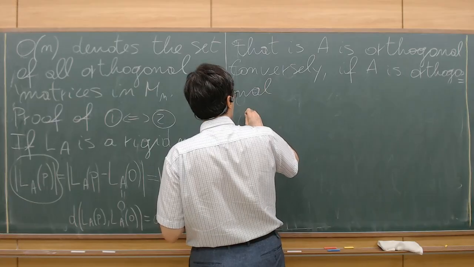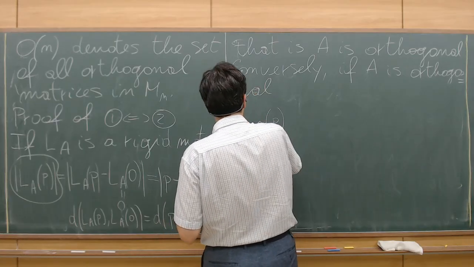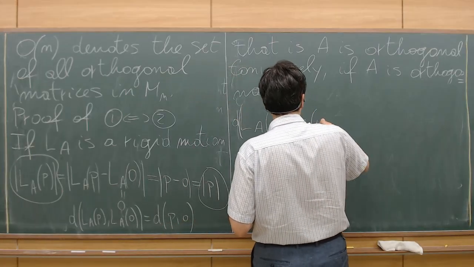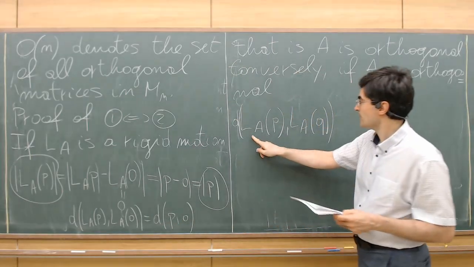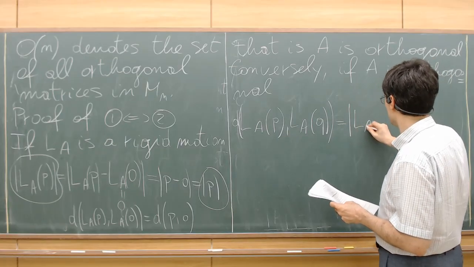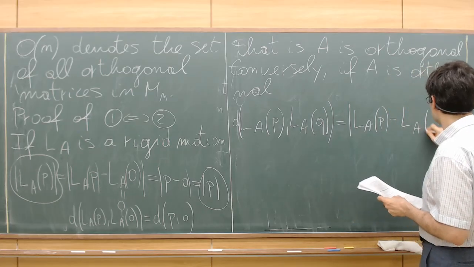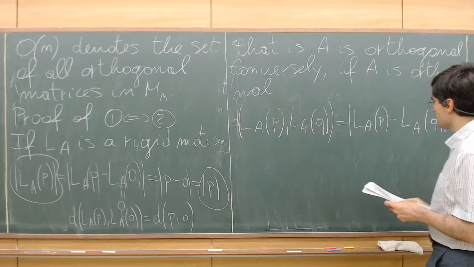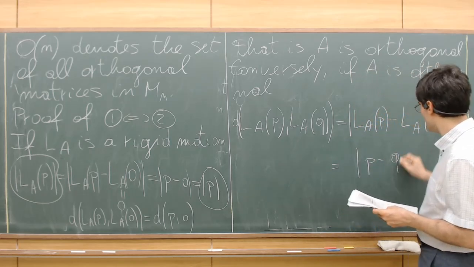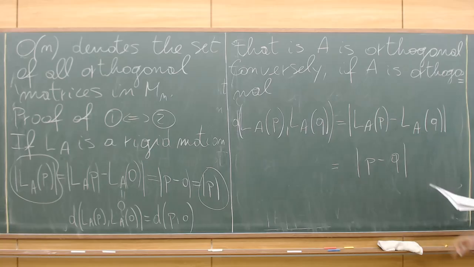So I have to prove that the distance between LA P and LA Q, that I can write as the length of LA P minus LA Q, is equal to the length of P minus Q. So this is the equality I have to prove, but this is clear.